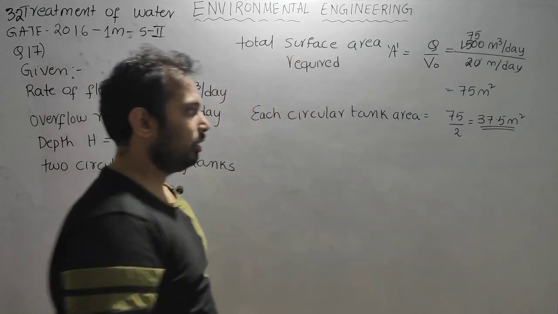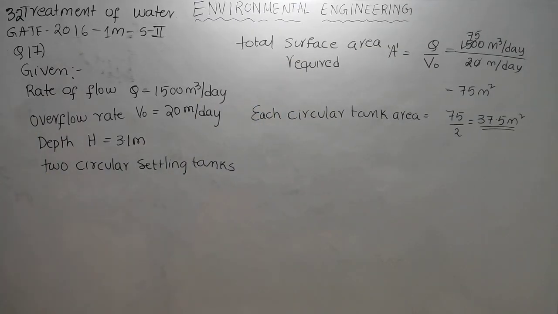Each tank area is 37.5 meter square, okay. So if you take approximate value, generally if we are calculating the volume of a circular settling tank, it will be a different value.